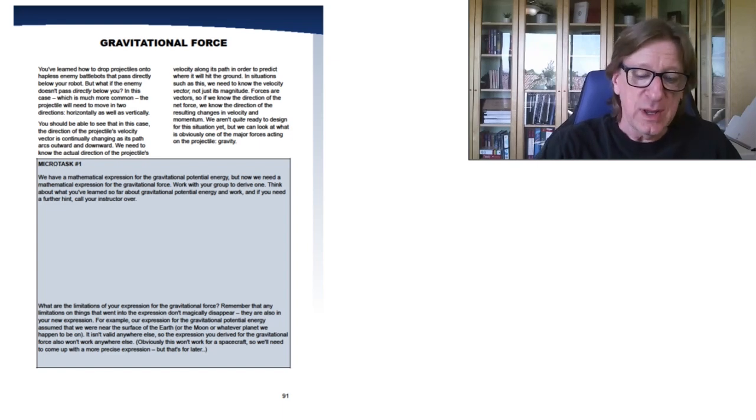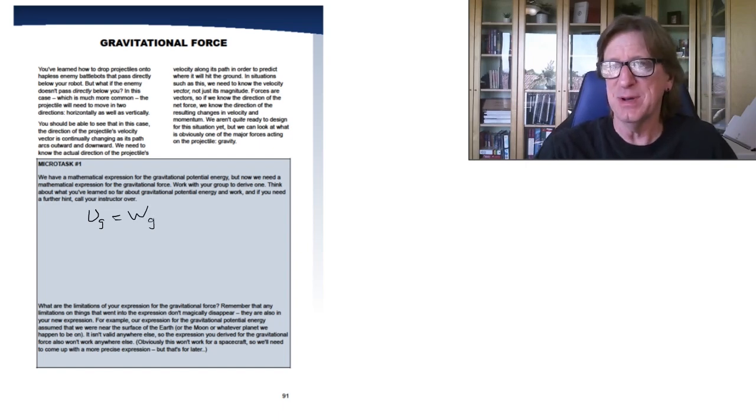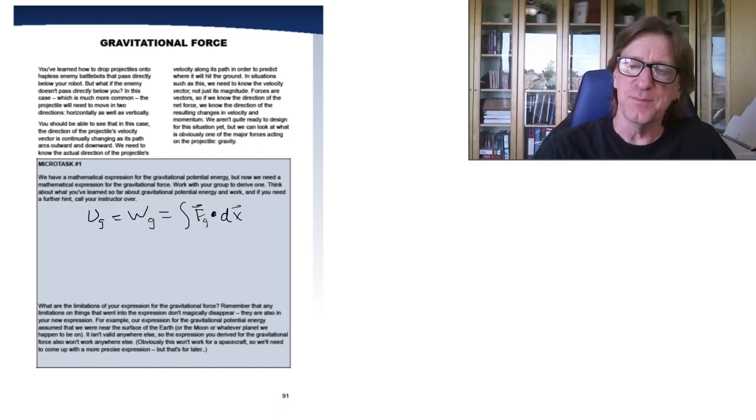Okay, so given that, we know that the gravitational potential energy is equal to the work that I do against gravity. And I'm going to put that little g there just to remind myself that all I'm considering here is gravity. Well, we know from our integral definition of work that it is the force, and again, I'm going to put that g here just to remind myself that I'm talking about the force due to gravity, dotted into this differential dx, which is a vector.